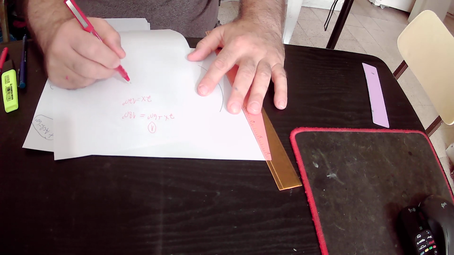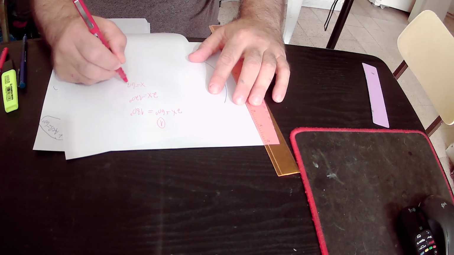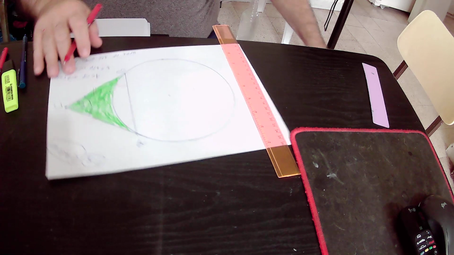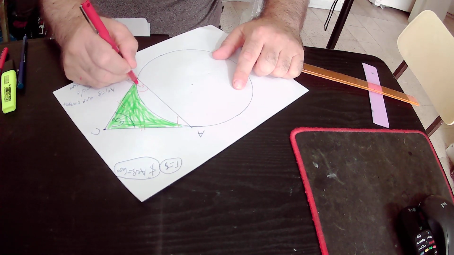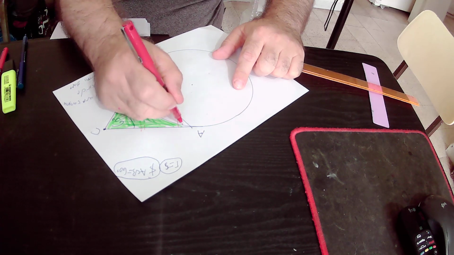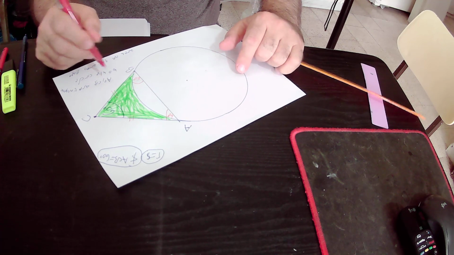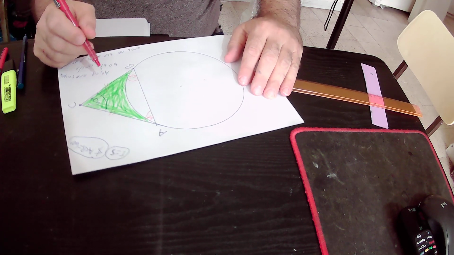We will divide this equality by 2 and we will get that x equals 60 degrees. This angle equals 60 degrees and this angle also equals 60 degrees. So actually triangle ABC is an equilateral triangle.